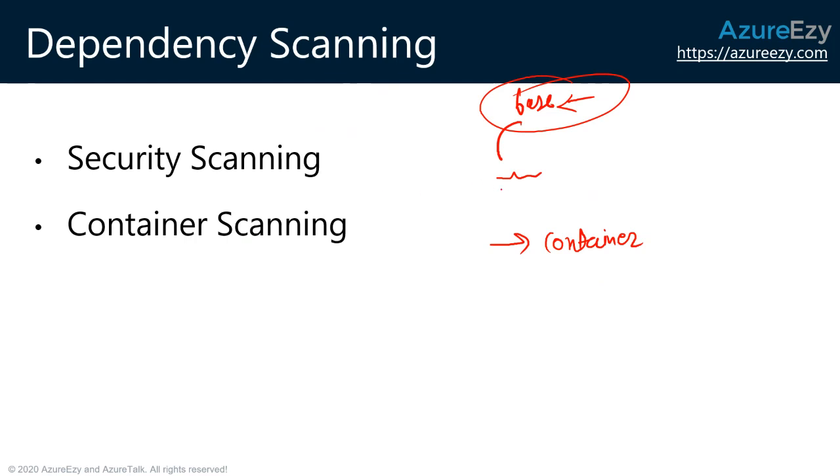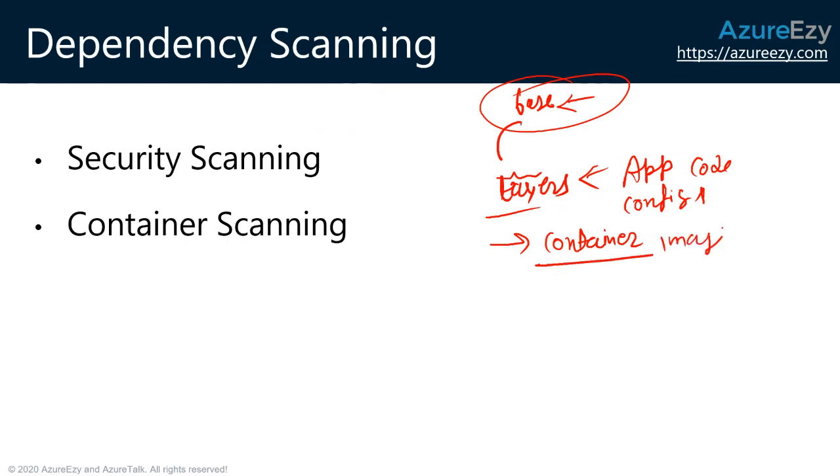He adds his layers. We call it layers, right? He adds his layers of application code, some customization, some configs, and then creates his container image of app A or B or whatever.